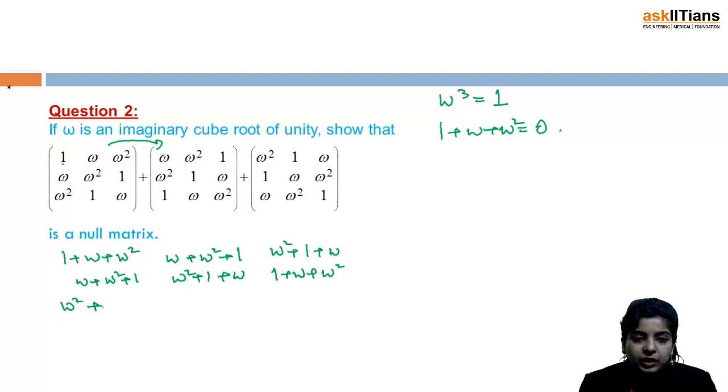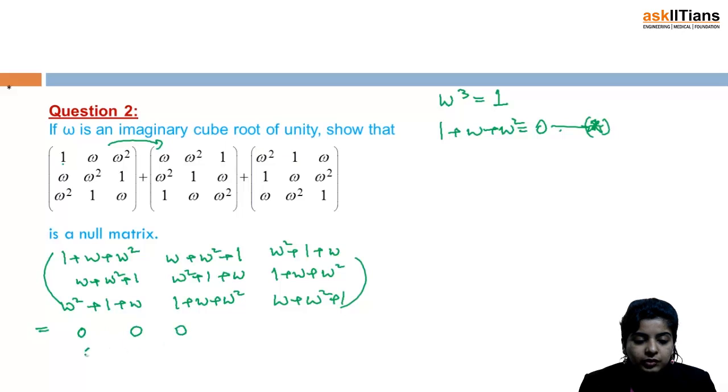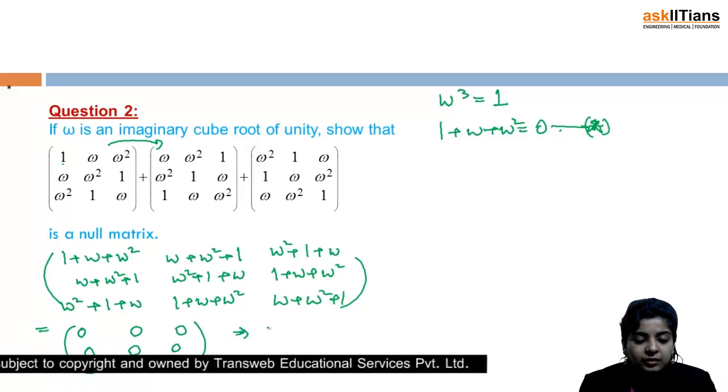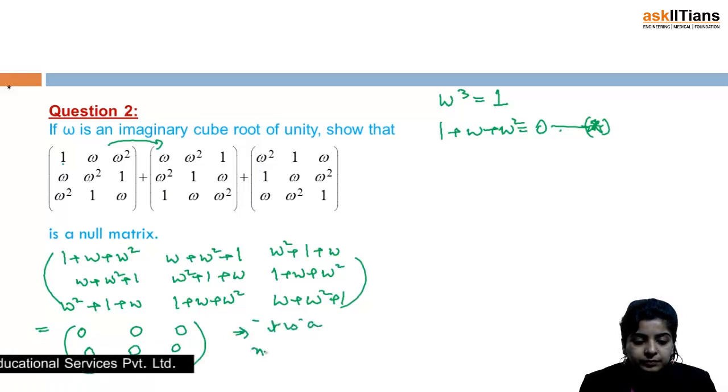Last row, first element omega square plus 1 plus omega, 1 plus omega square, omega plus omega square plus 1. This is what I get, and by using this property, which I mark by star, I have 1 plus omega plus omega square is 0. So this gives me 0, this gives me 0, this gives me 0, and so on. So if you remember the definition of null matrix, this implies it is a null matrix. I suppose it was quite simple.